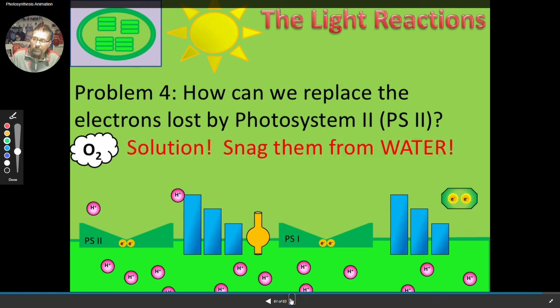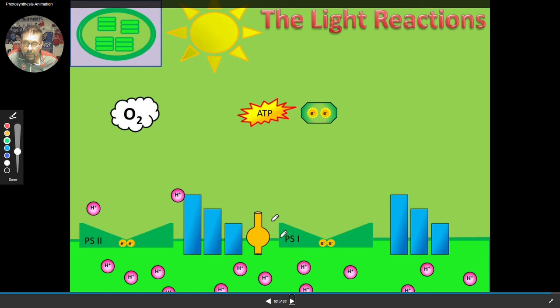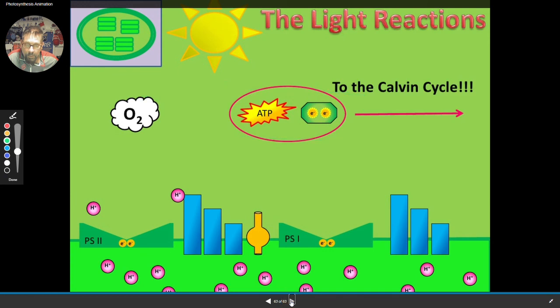That's right, snagging them from the water. And again, the beauty of this situation is all these H's are going to be pumping through here to make those ATP. Don't forget about that. And so what we have here is this is being released, and then these bad boys are headed to the Calvin cycle, as you can see there.